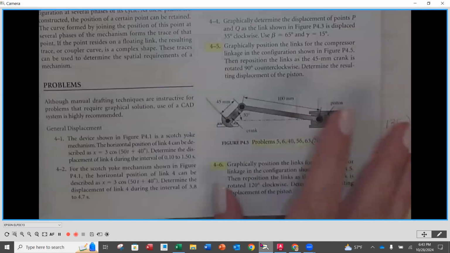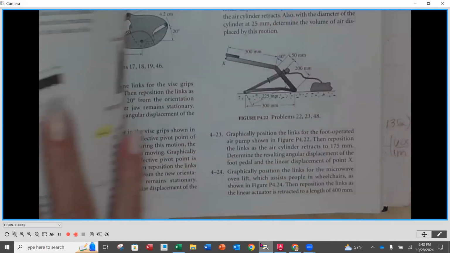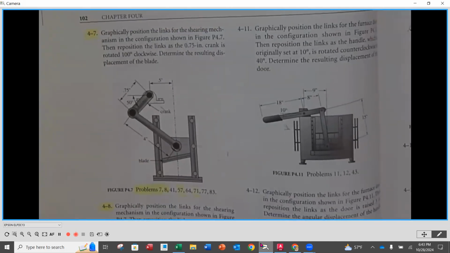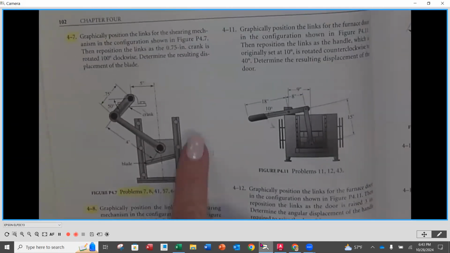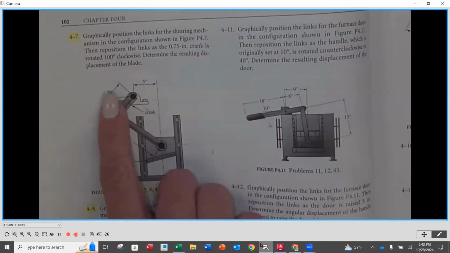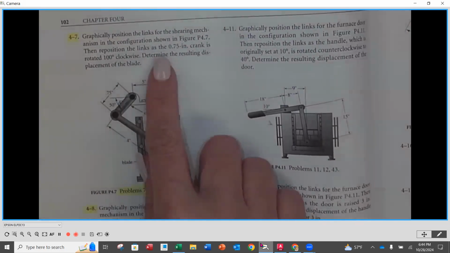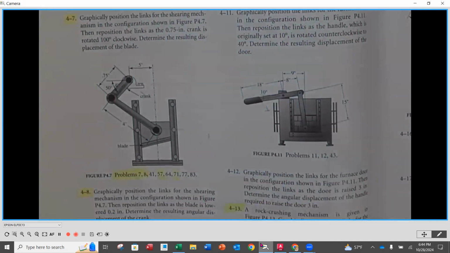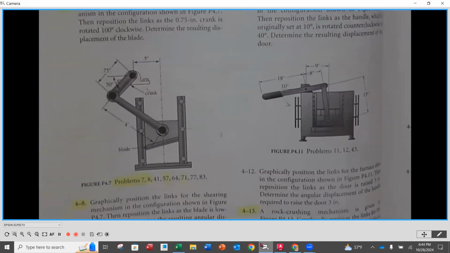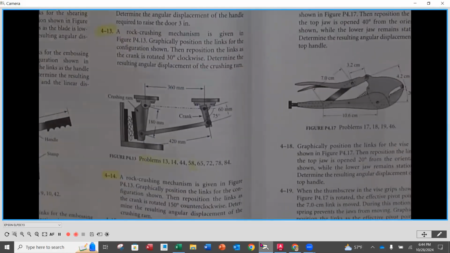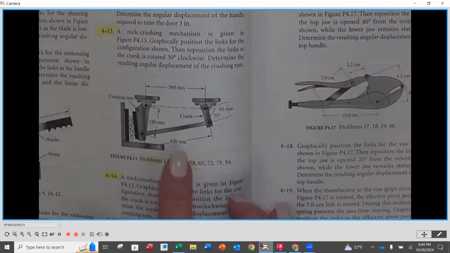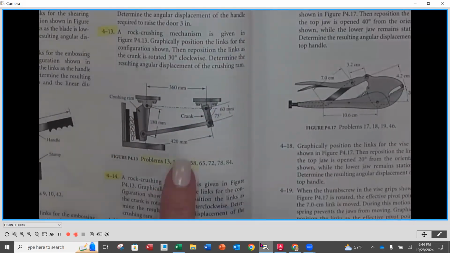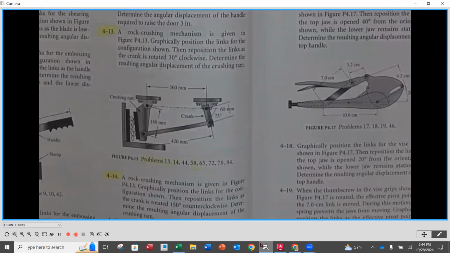Okay. All right. Then as we turn the page, we've got 4.7 and 4.8. Similar thing. You're going to draw the kinematic diagram for what you see here, and then you're going to reposition based on the description for each one of these. Okay. And then your third one is going to be the rock crushing mechanism. And here again, this is your home position, if you would, and then you're going to reposition based on what's there.